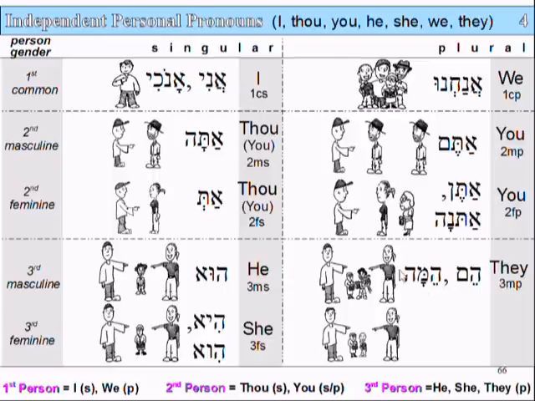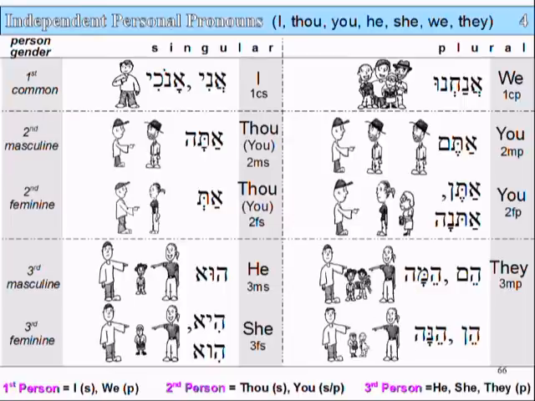So they. And that can be a group of men and women, but usually it's just a group of men. So hem or hema means a group of men, but it can also be men and women. See, when you have a group of men and women, the masculine word has the dominance, if you like.